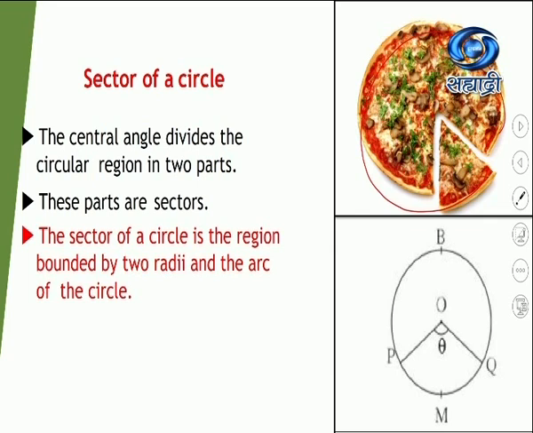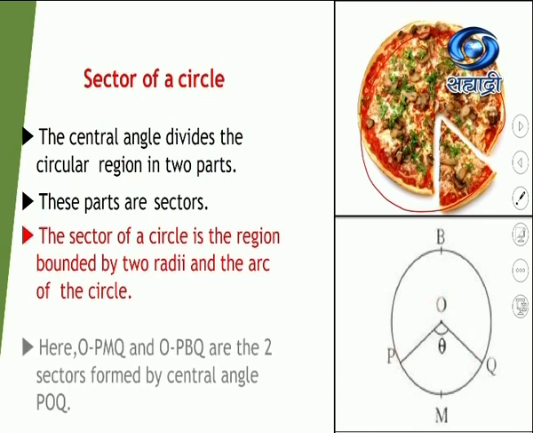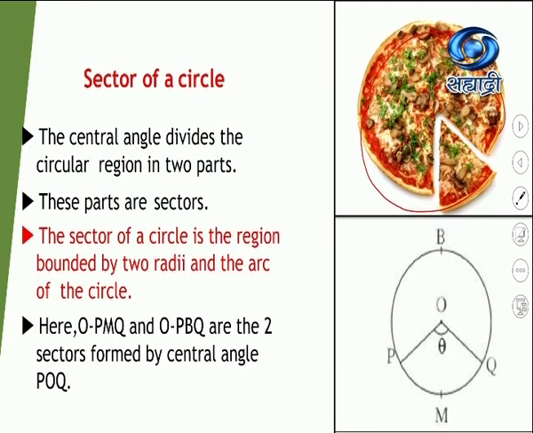The sector of a circle is the region bounded by two radii and the arc of the circle. Here O'PMQ and O'PBQ are the two sectors formed by central angle POQ. So here there are two sectors formed.